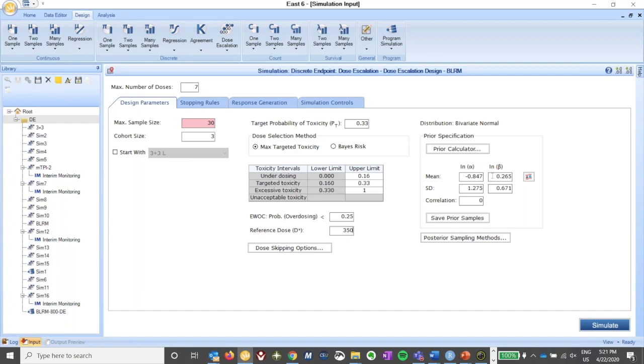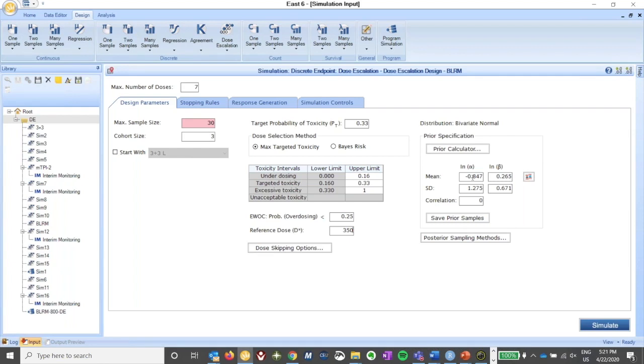Now, of course, we can go ahead and fill in the prior values that the authors put in. But what we're also doing in the software is making it easy for both the statisticians and the clinicians to have an idea about what this prior distribution means.